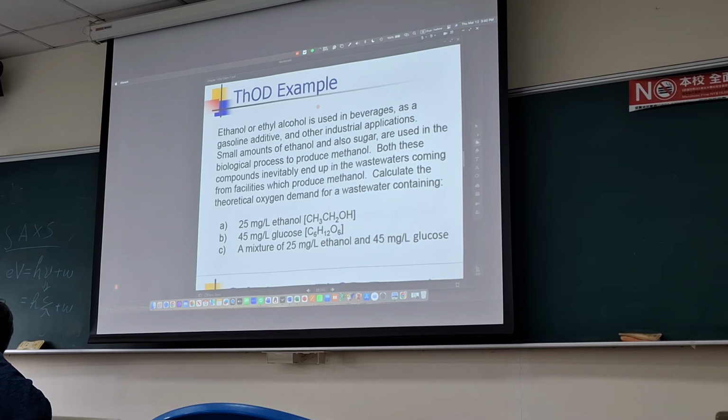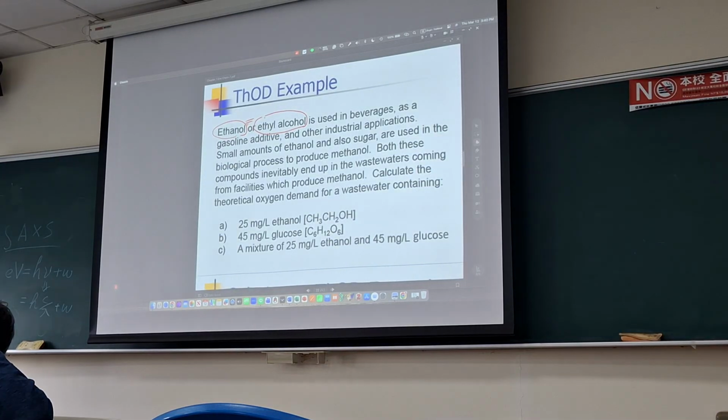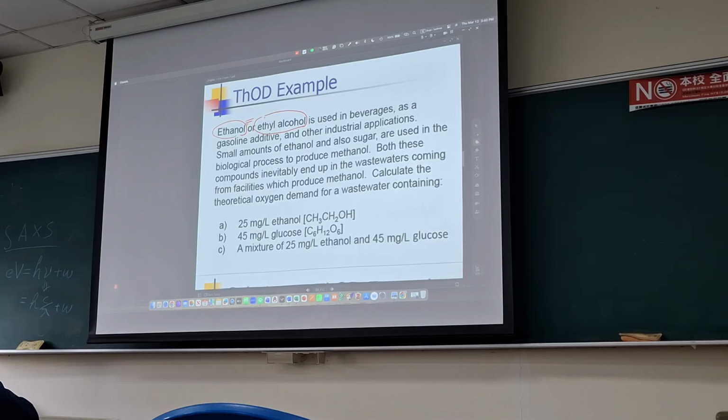Okay, let's see these questions. Ethanol, this is another name, a common name. Ethanol, or ethyl alcohol, is used in beverage, wines, beers, or even as a gasoline additive and other industrial applications.